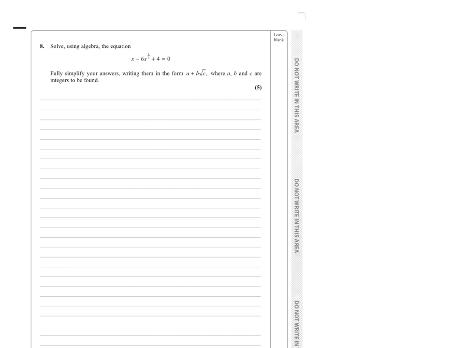So, first of all, we know that x can be written as x to the half squared, minus 6x to the half, plus 4 equals 0. So I'm going to let y equal x to the power of a half.